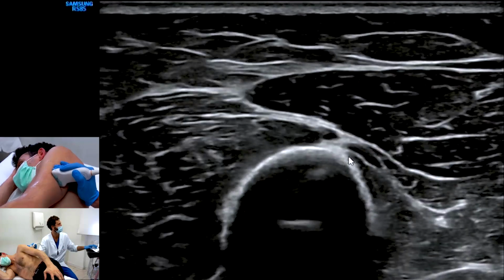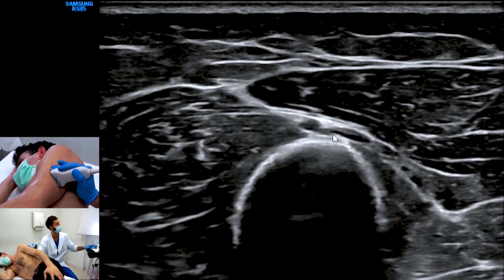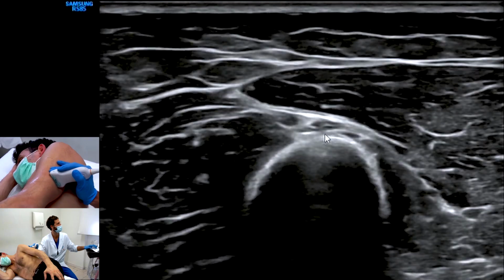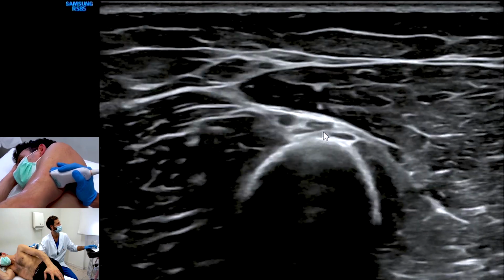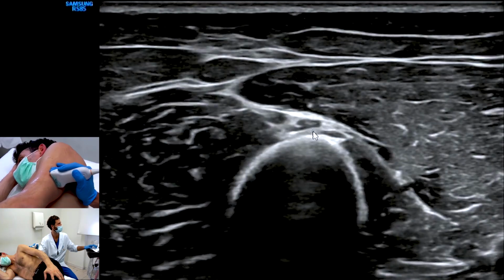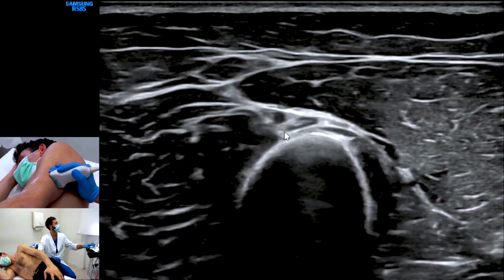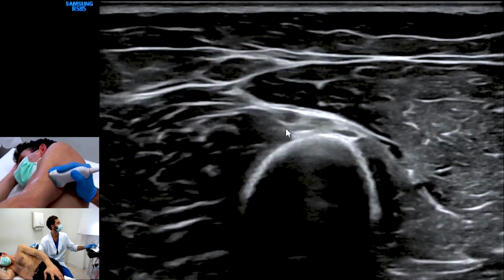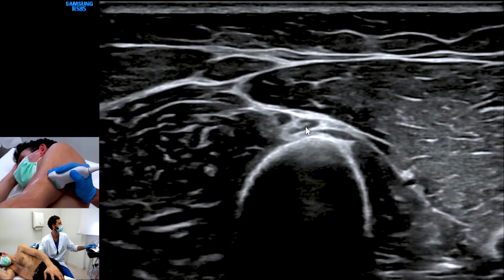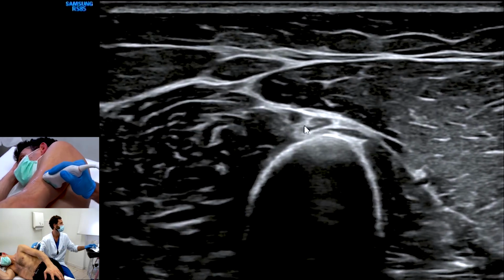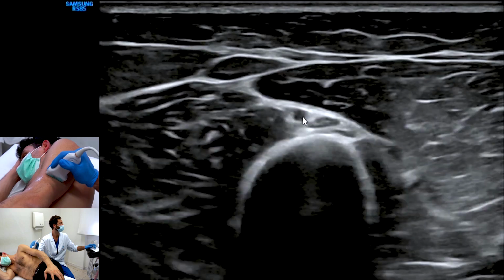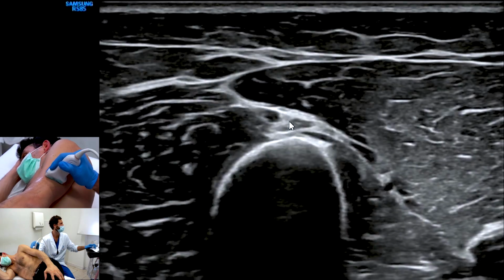If we slide the probe distally, we can see here the radial nerve crossing the spiral groove. You can also note that this nerve travels together with a small vessel, which is the deep brachial artery.